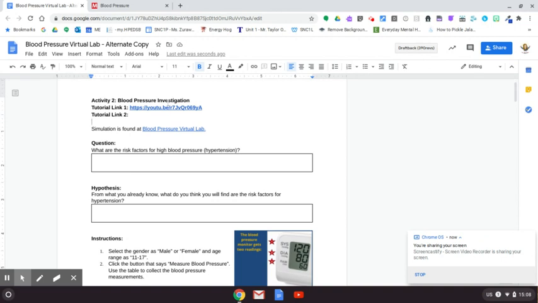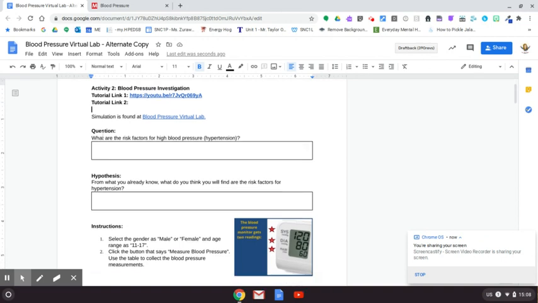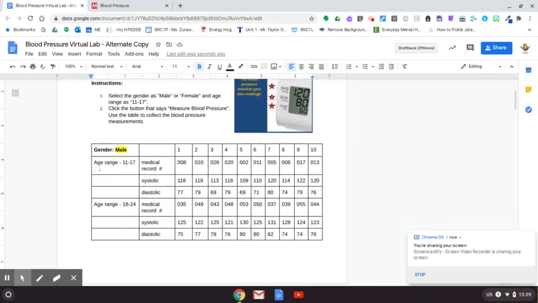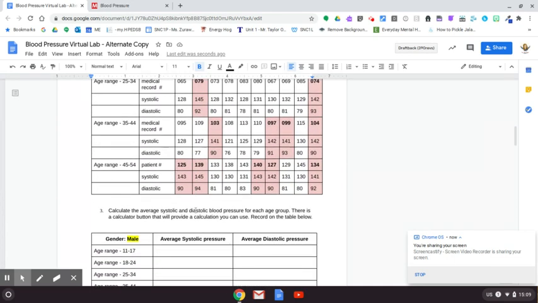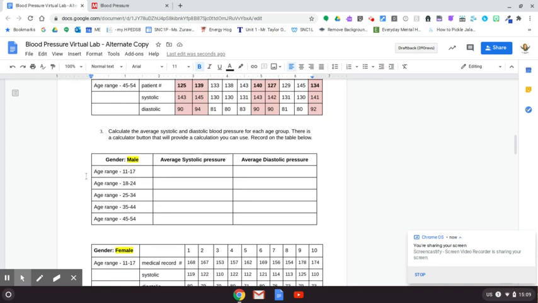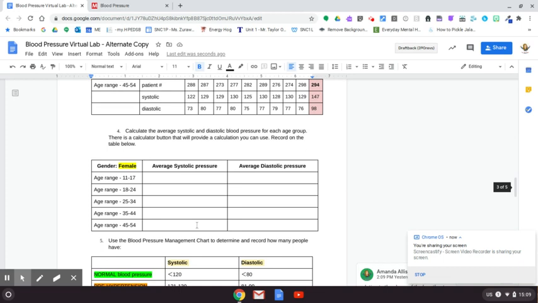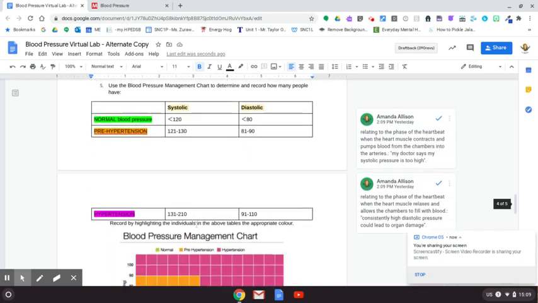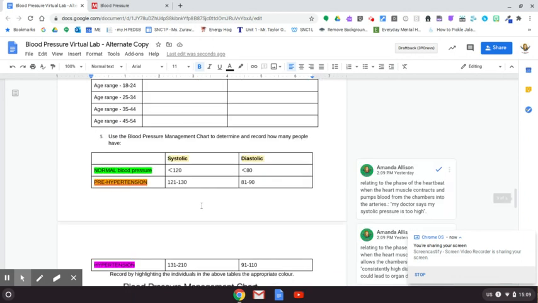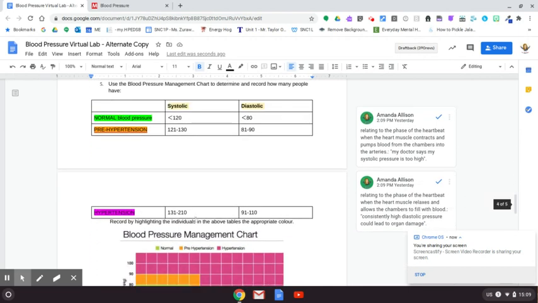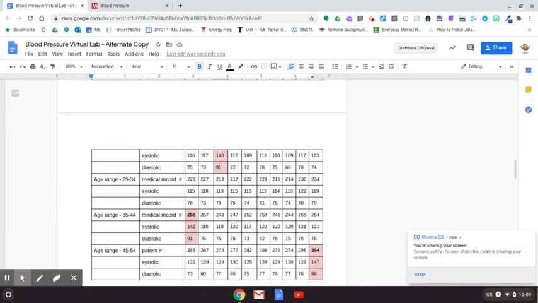So after watching the first video, you've answered your question, you've got a hypothesis, you have looked at this data, you've calculated the averages for male, for female, for the different age ranges, and you have figured out from the data above which ones fall as hypertension, pre-hypertension, and normal blood pressure, and you have color coded those accordingly in these charts.